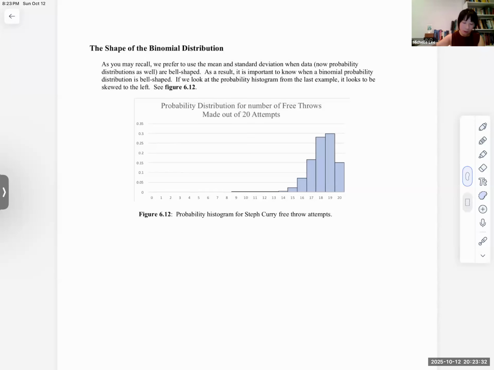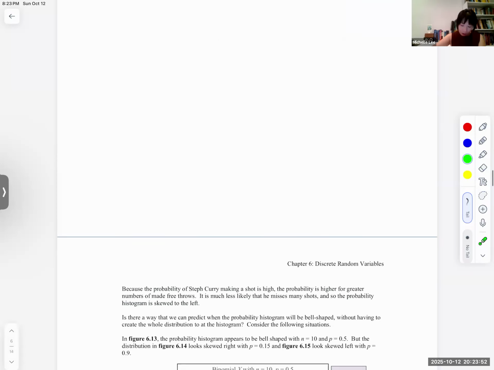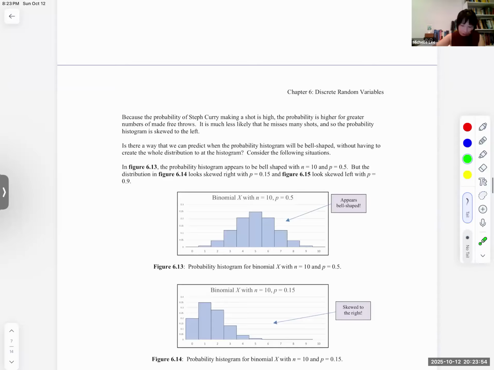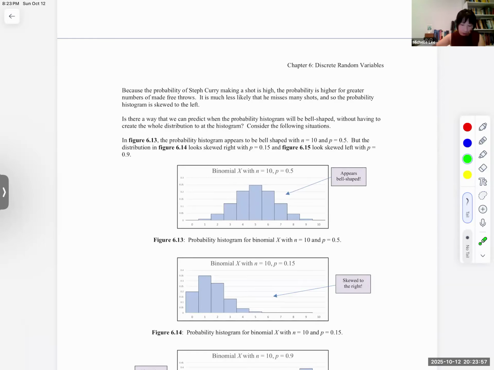All right, so let's talk about the shape of the binomial distribution. So talking about the Stephen Curry free throws, 20 attempts, yeah? Okay, now what if we have n equal to 10 and probability is 0.9, right? Then we have a bell shape.